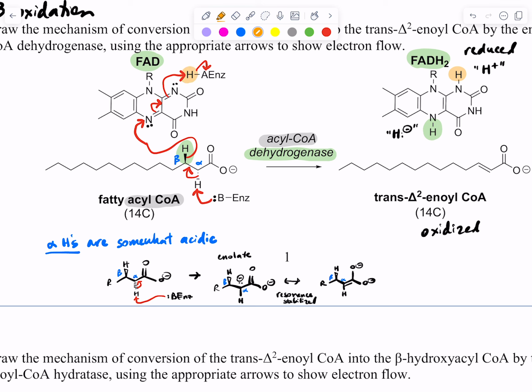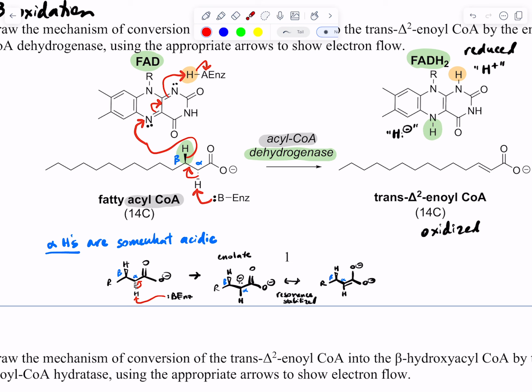So this is the orange proton here on that upper ring nitrogen, and this is the hydride that gets delivered to FADH2. The difference between FAD and NAD plus is that NAD plus can accept a hydride, an H with 2 electrons, and that's it. FAD has to accept H minus and a proton so that it can be neutral.